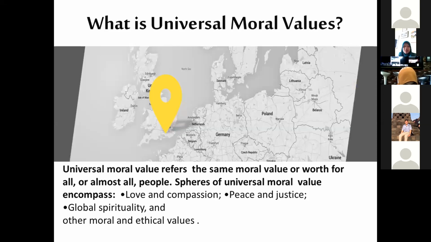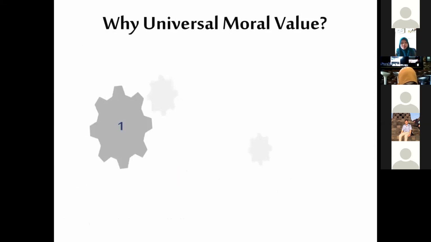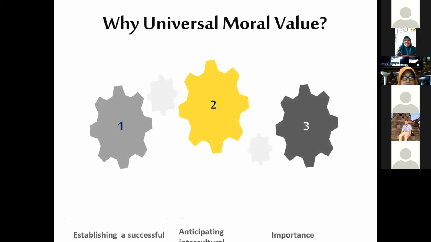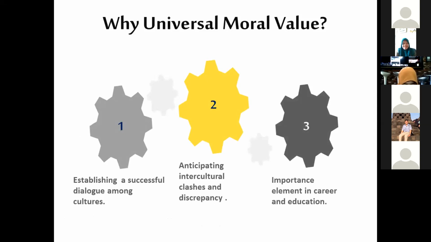And why do we choose universal moral values? The first, we have to establish a successful dialogue among cultures. Even though we live in different cultures, actually we can get the same moral values. All people recognize these moral values. The second reason is how we anticipate intercultural clashes and discrepancy.